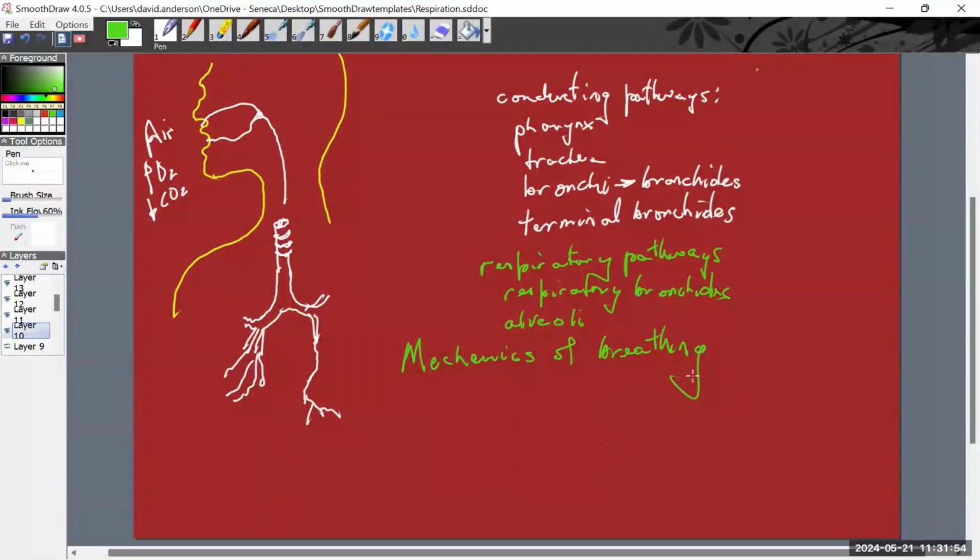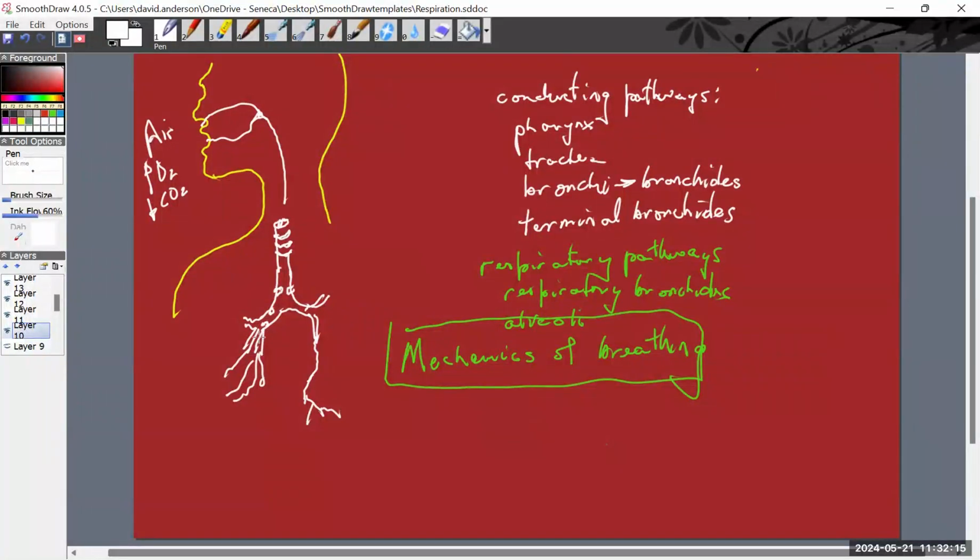So we'll get to that actually, because I want to finish talking about the alveoli. When we think about the anatomy of the conducting pathways, we think about the cartilage that gets progressively less organized, so that as we move down, instead of full rings, they may be partial rings.